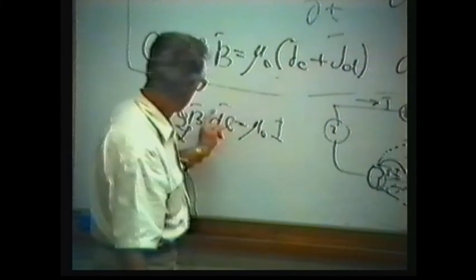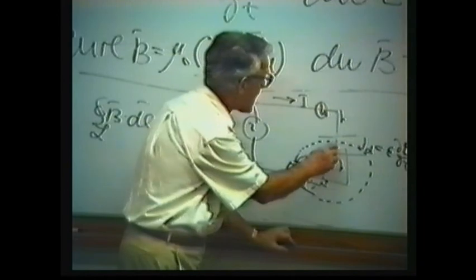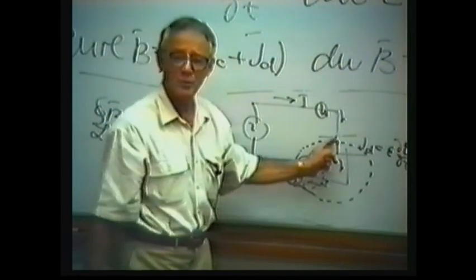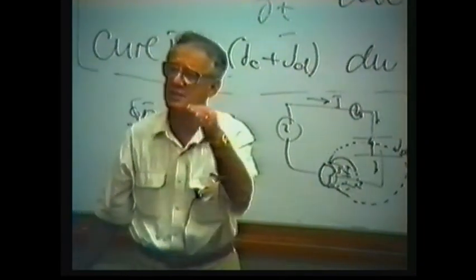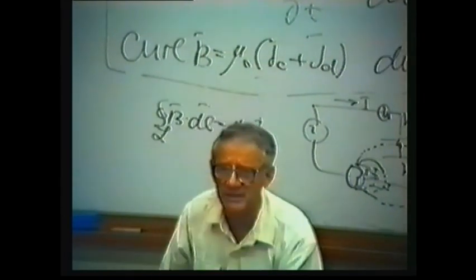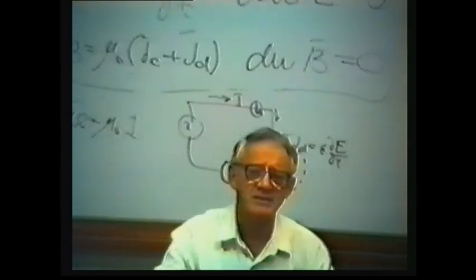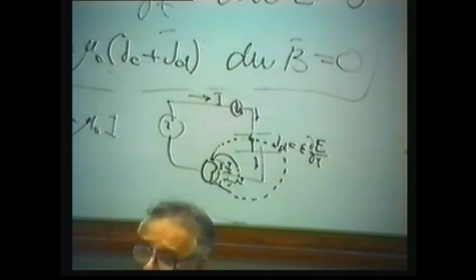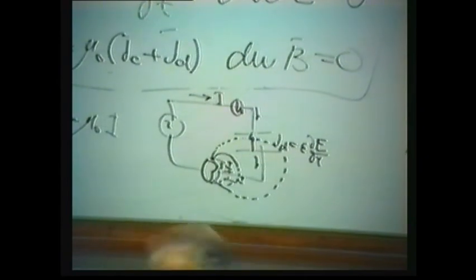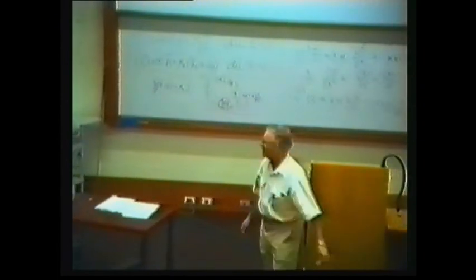So in order to make this result the same, we have to assume there is another current here, the magnitude of which is the same as the conduction current. And this current is called displacement current. There are different ways now to prove it, but Maxwell still was a genius. He didn't know this example, any example, he realized it.